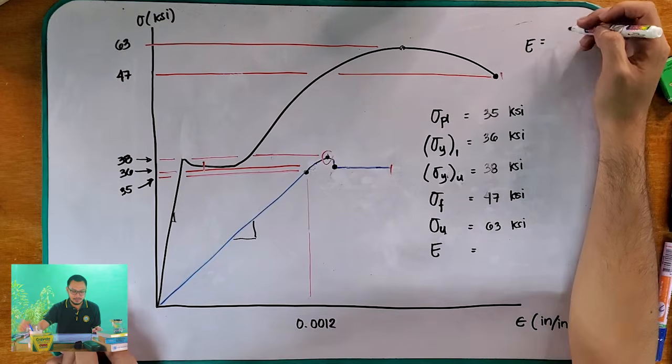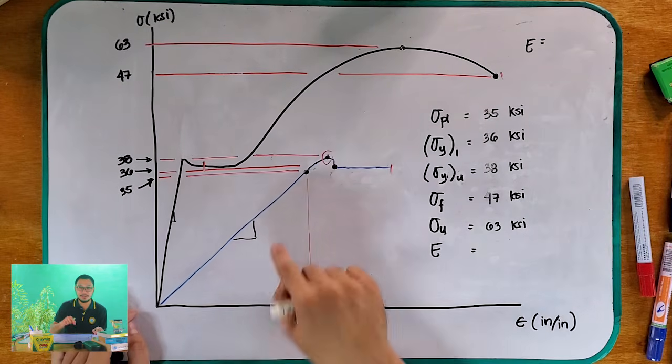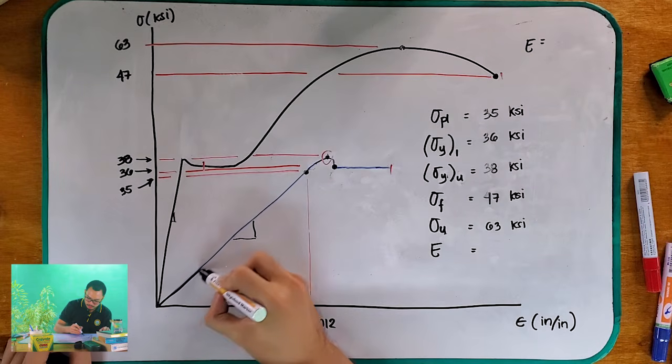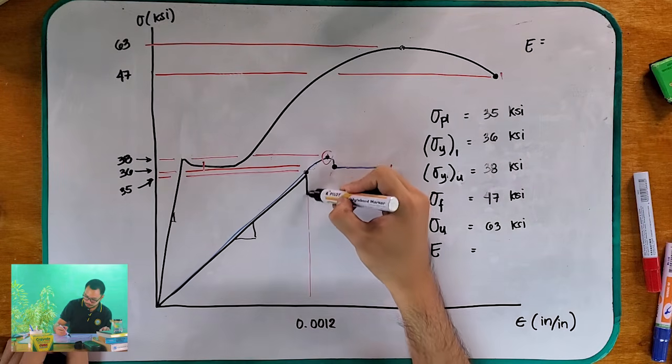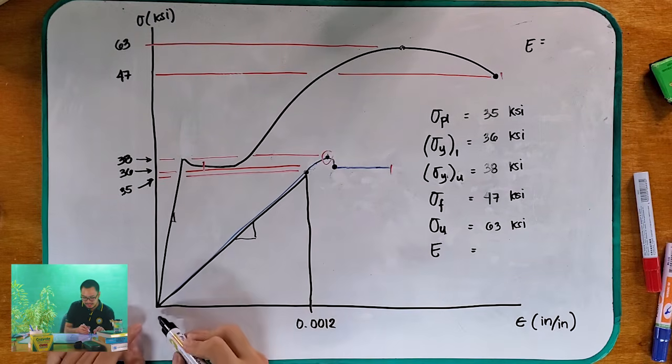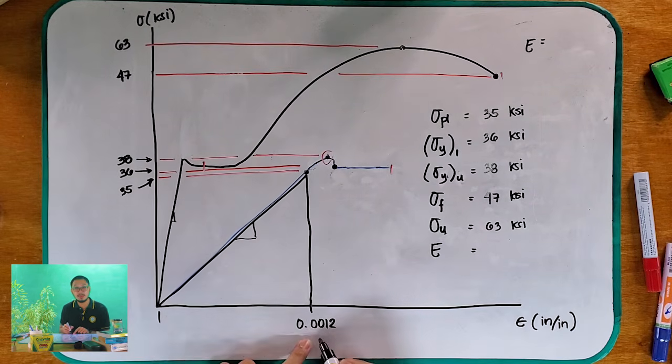Okay? So what is then our modulus of elasticity? We know that the modulus of elasticity is just rise over run, or the slope of this curve. So what known values do we have here to get the slope? You can see this triangle. We know that this length is 0.0012.